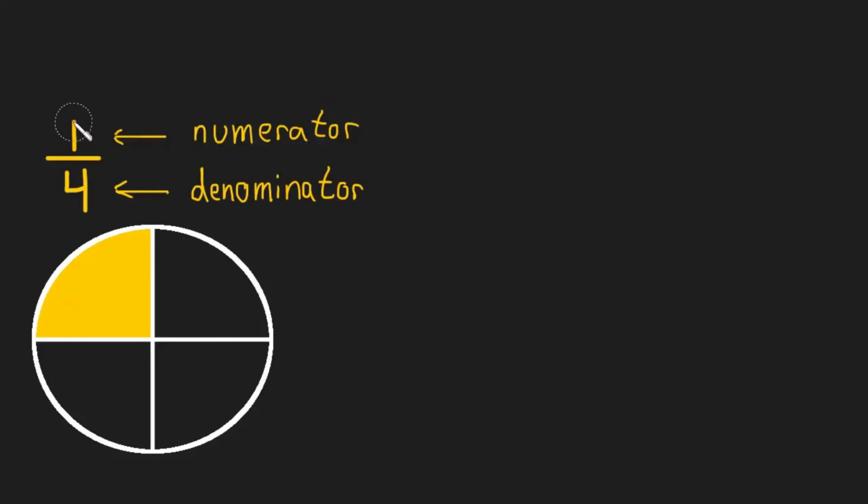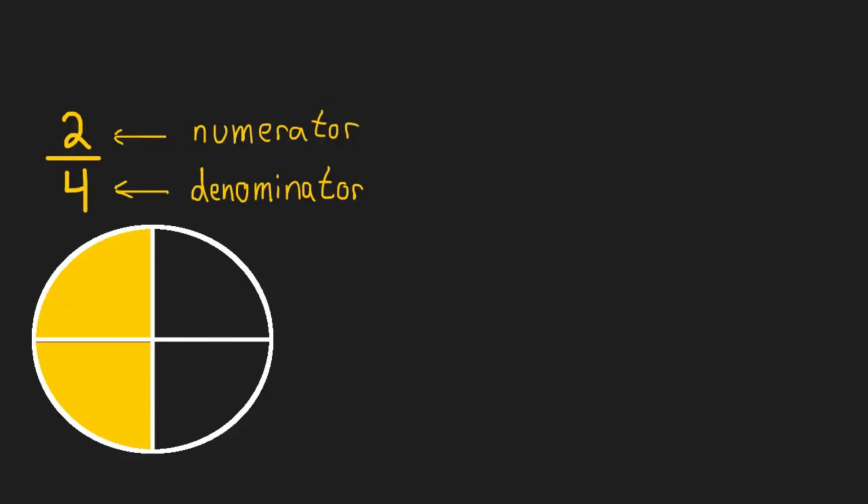Okay, if this 1 was not a 1, but was instead a 2, well then we would have 2 of the 4 pieces. And so on and so forth.